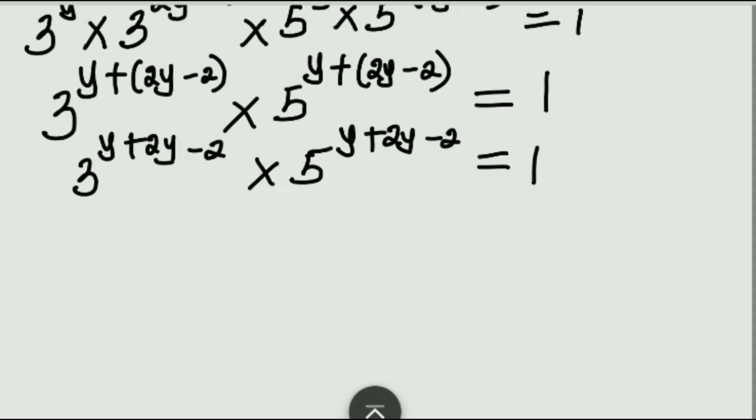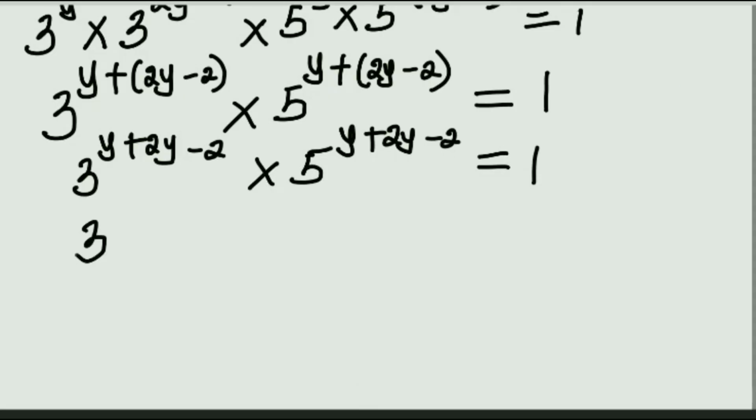So let's simplify this further. This is 3. y plus 2y is 3y minus 2 times 5, y plus 2y, 3y minus 2 equals 1. So, looking at the expression on the left hand side, they have an identical power.